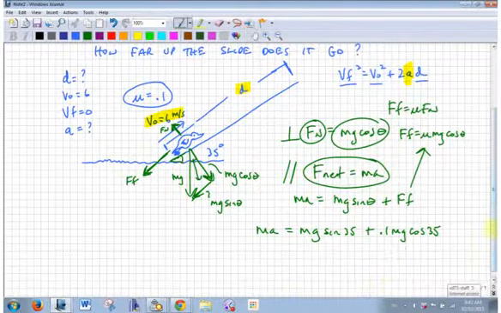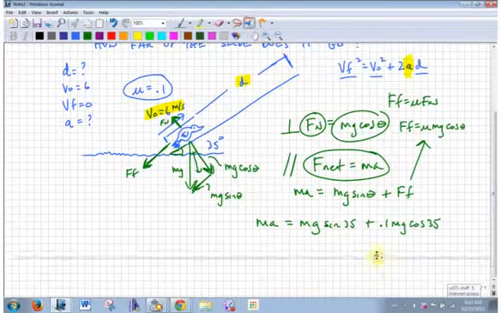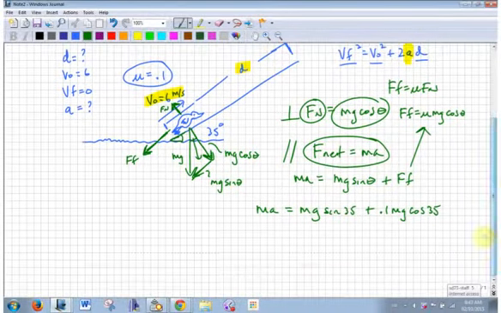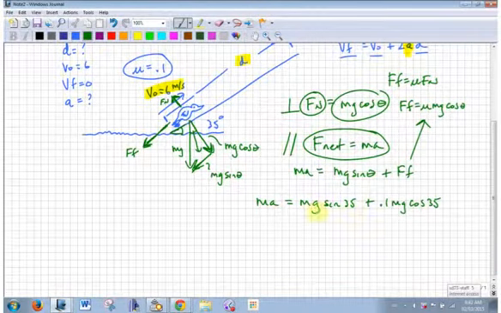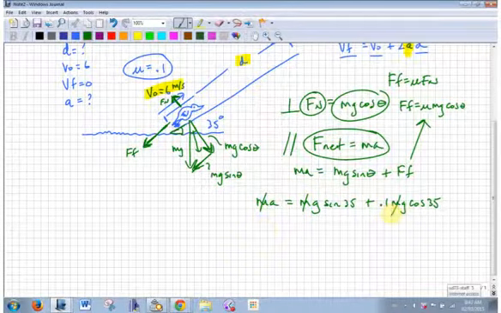Now, what can I cancel out here? Well, not quite mg, but yeah, the mass of this little penguin doesn't matter.